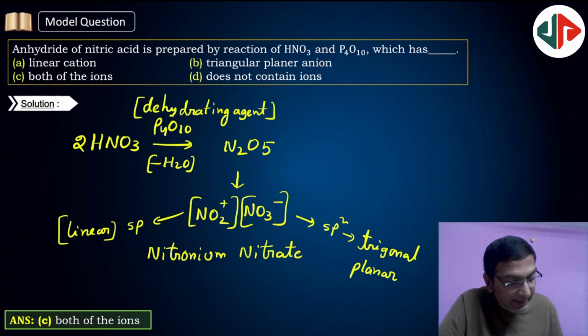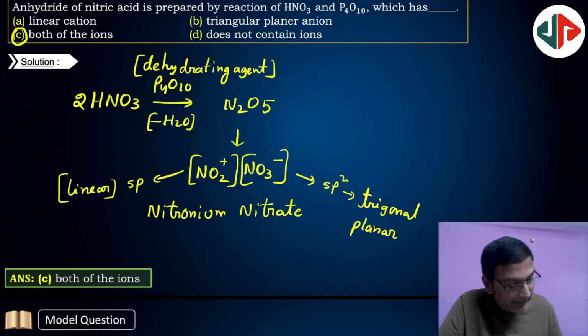So therefore cation linear, anion planar. So both are correct. Very, very important. Nitronium nitrate ion. Next.